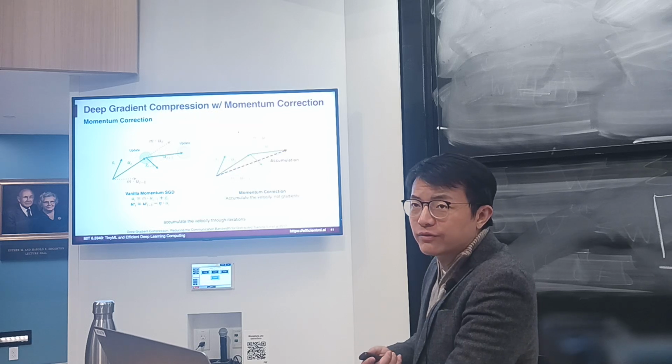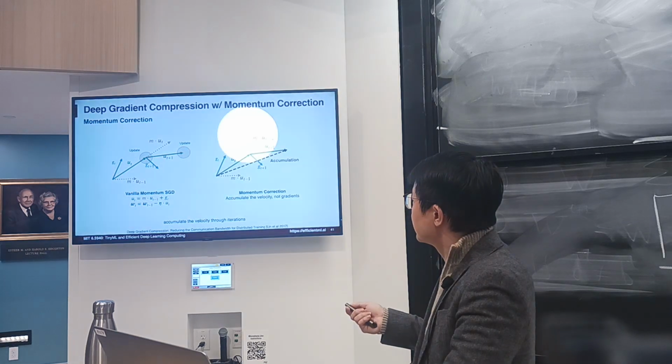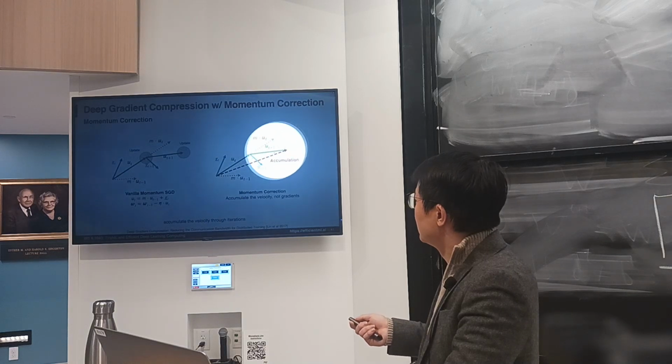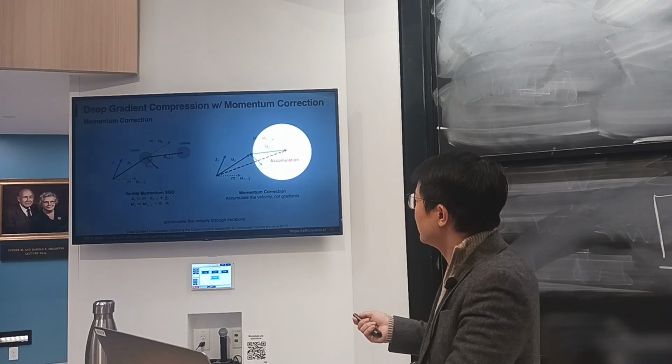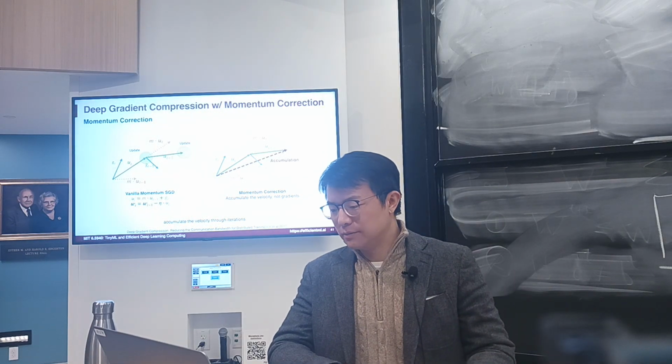We should accumulate the velocity, not the gradient. So what is the velocity? So this is u_t, this is u_{t+1}. We should accumulate the velocity by combining u_t and u_{t+1}. We get the red accumulated velocity. And we use that to update the model weight.